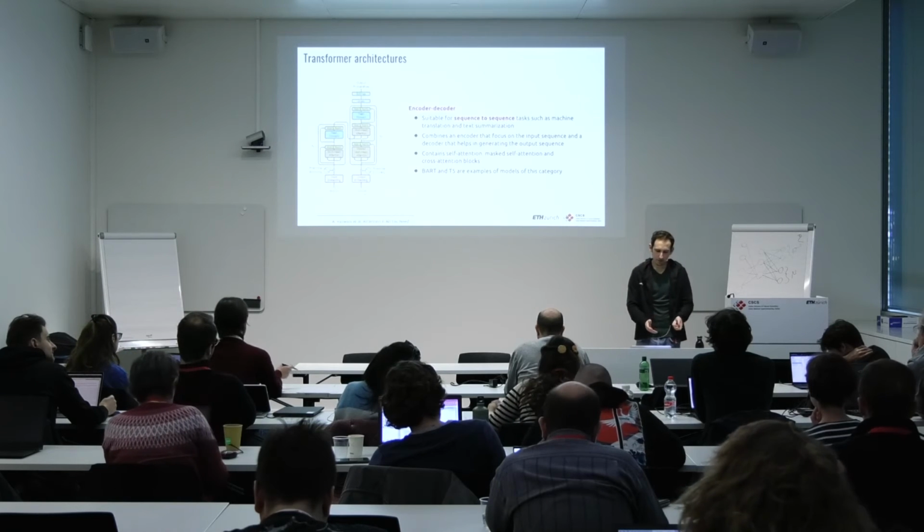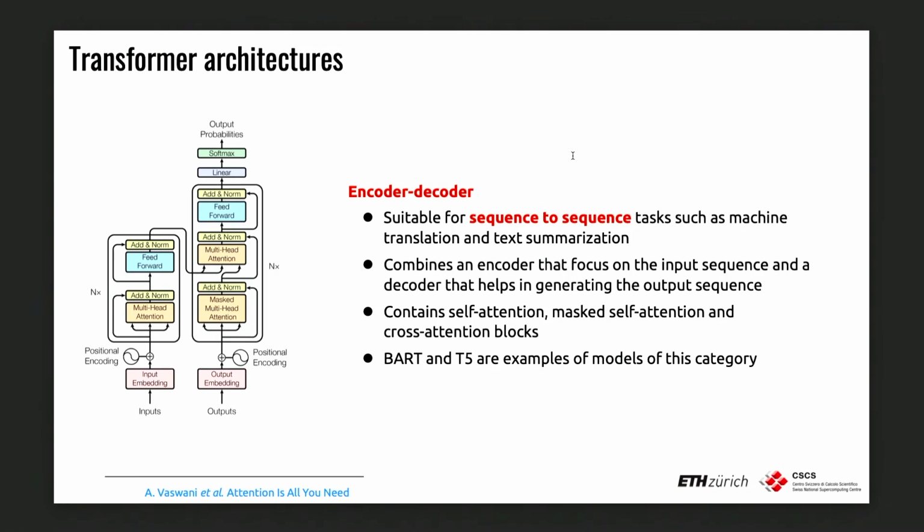So this picture that we have seen so far is called encoder-decoder. This part is called the encoder, and this one is called the decoder. And it's used for tasks, as you have seen already, like machine translation and text summarization. These are in a category called sequence-to-sequence.